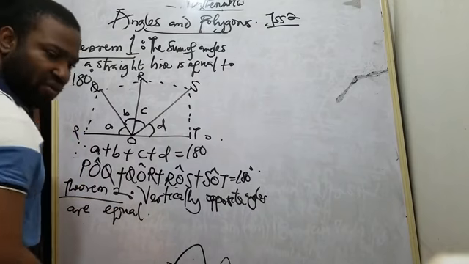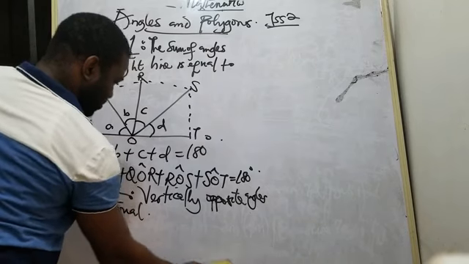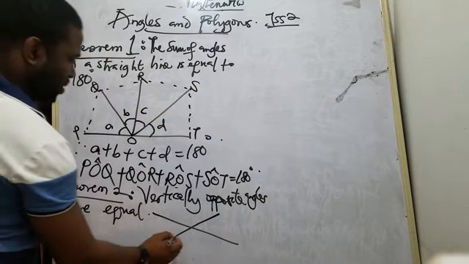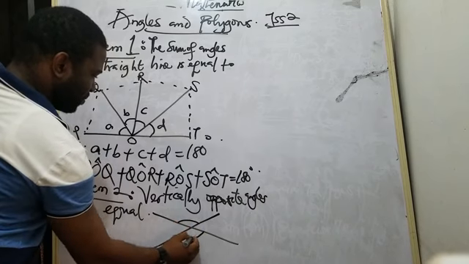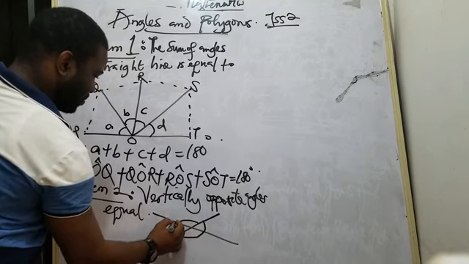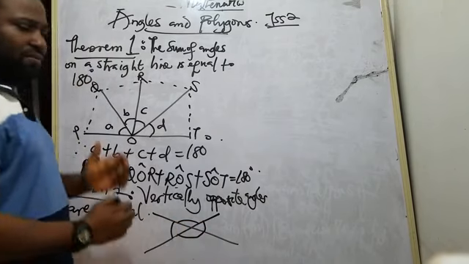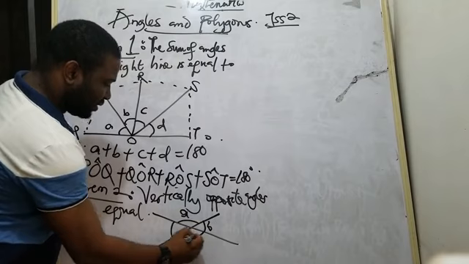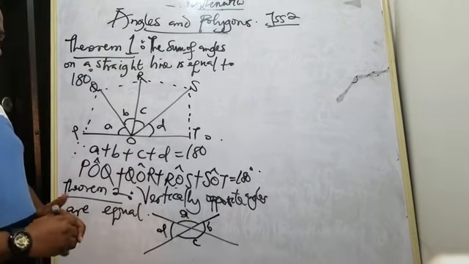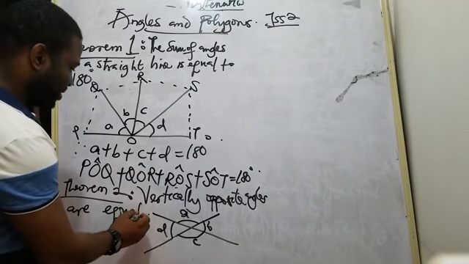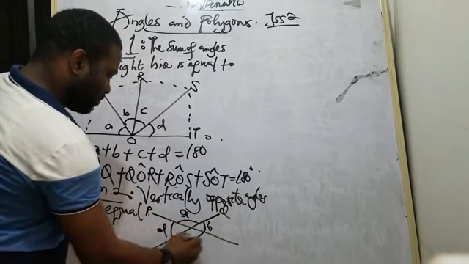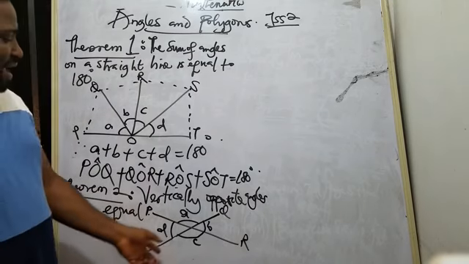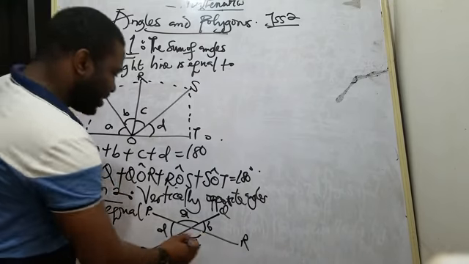What do we mean? For instance, when we have these angles here, if here is A, B, C, and D, and this is our P, Q, R, S. Once they are vertically opposite, then they are equal.